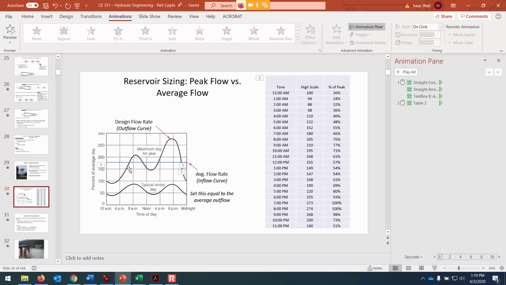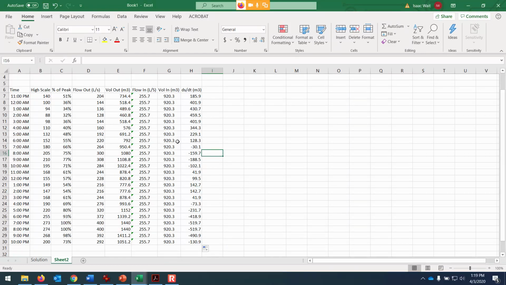And so we have to be drawing down the storage that's in the reservoir. So we're using our supply of water anytime the black curve is above the blue line. And that's what we see in the spreadsheet, is that you have a negative accumulation when the demands are high, and a positive accumulation when the demands are less than the flow in.